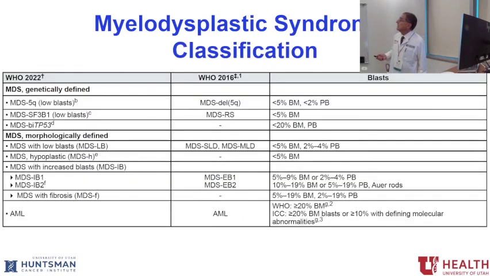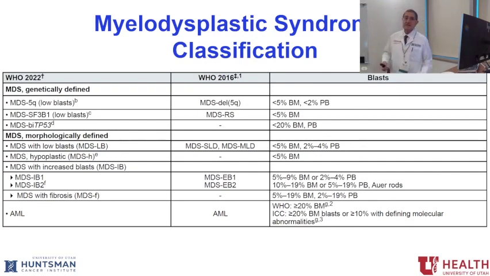And so this is the so-called classification of myelodysplastic syndromes. What's used most commonly is the WHO, the World Health Organization classification, and it gets revised and updated every few years. There was one revision in 2016, and the most recent one was actually done last year.